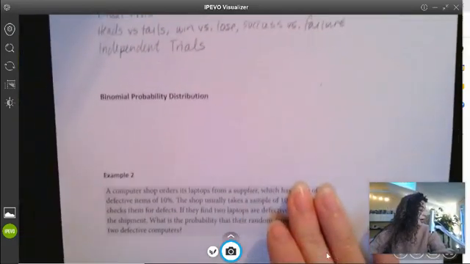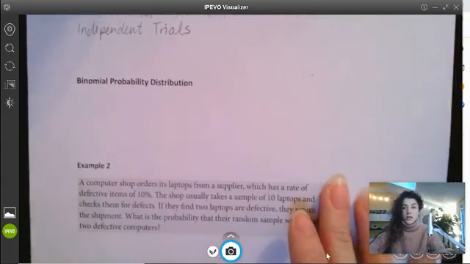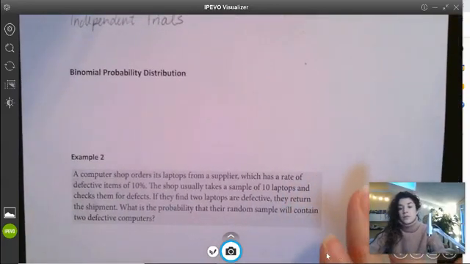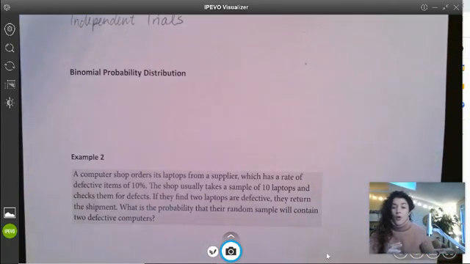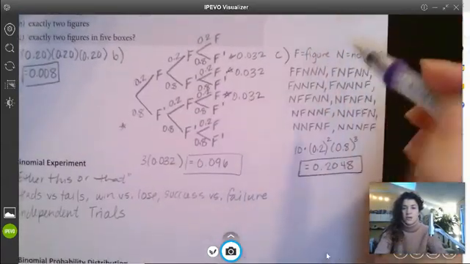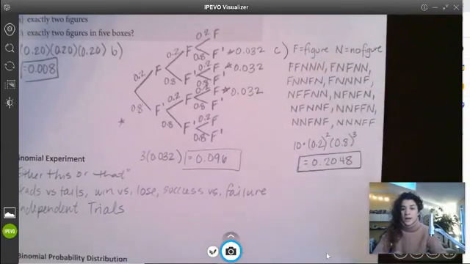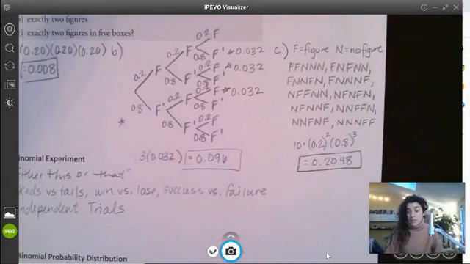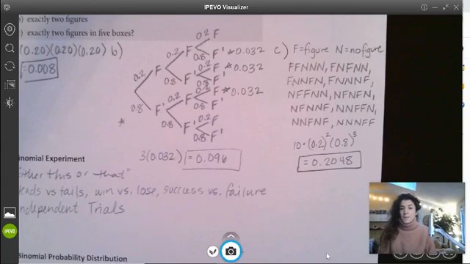Okay, so your binomial probability distribution, you have a whole function that deals with combinations. The reason is that you might notice this idea of how many times you can organize 2 F's and 3 N's, so you have to deal with combinatorics, which I think you learned with QWERTY.